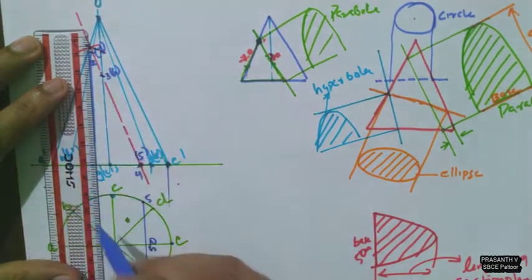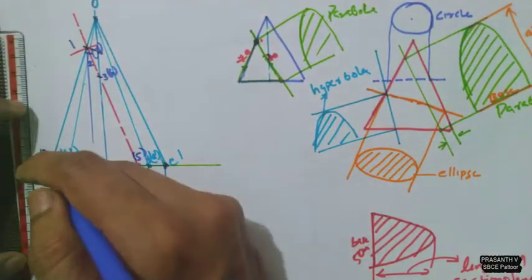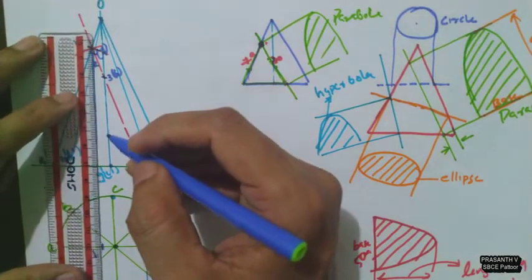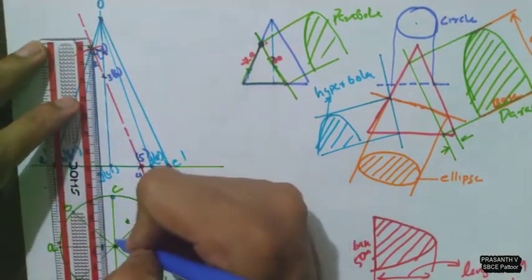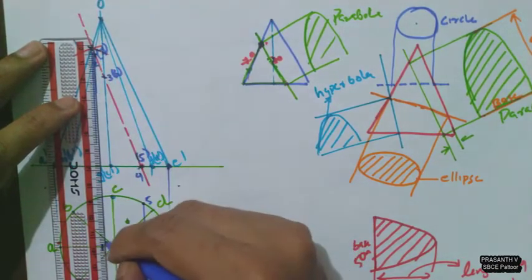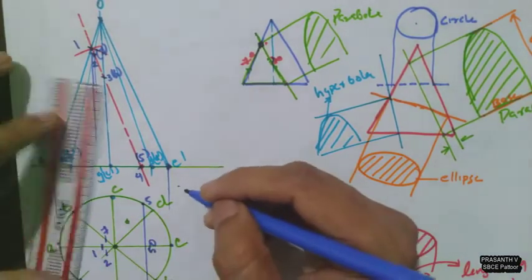All the way I will get it on AO. Point 1 is on line AO. So this is 1, 2 is on BO, and 7 is on BO and HO. See, this is 2, this point is 7.